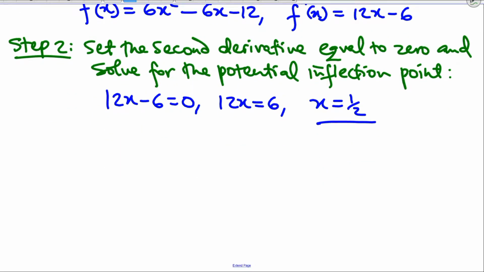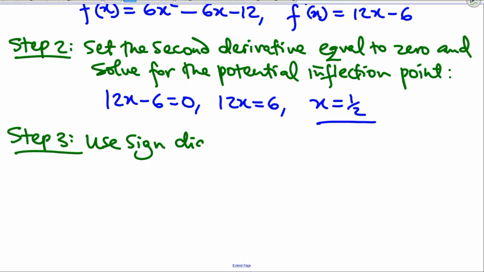Okay, sign diagram. So step 3, use sign diagram for the second derivative to check for change in concavity around the inflection point.